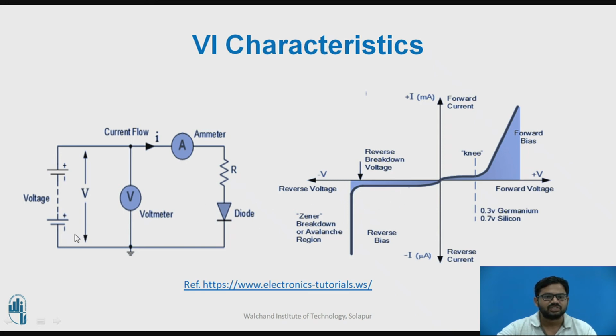At a sufficiently higher reverse voltage of the battery, a voltage very high compared to the knee voltage, that voltage is called the avalanche breakdown, and in that avalanche breakdown the diode gets burned, and a large amount of current starts flowing through the diode. So this is about the VI characteristics.